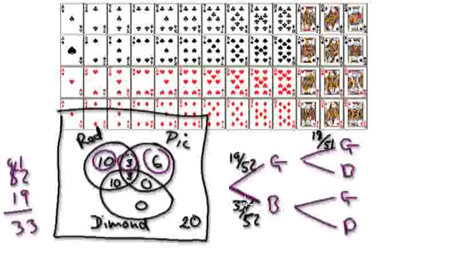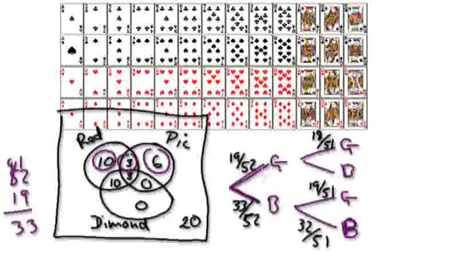Okay, so you try to construct your tree diagram here. The probability of you picking out a good one after picking out a bad one would be 19 over 51. After picking out a bad card, the probability of you getting another bad card would be 32 out of 51.